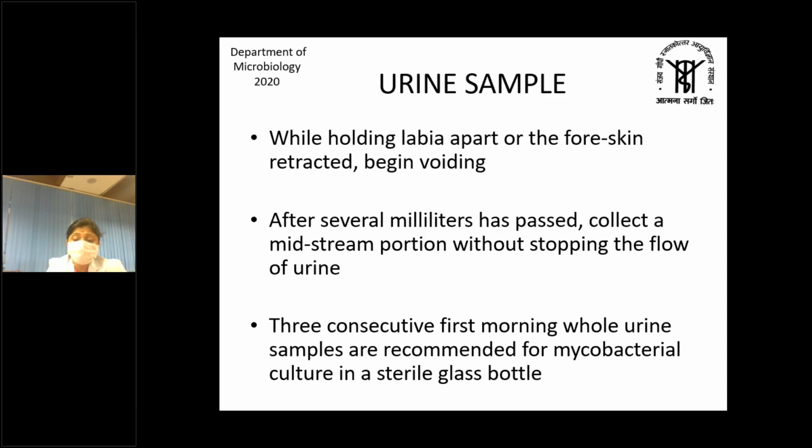This is especially important for students from nephrology and urology. Please tell the patient, and raise 3 forms in which you write day 1 urine or urine 1, urine 2 and urine 3, for 3 first morning consecutive collections. At least 200 to 250 ml of urine has to be collected in wide mouth glass bottles, which are available from the lab, for culture for tuberculosis.